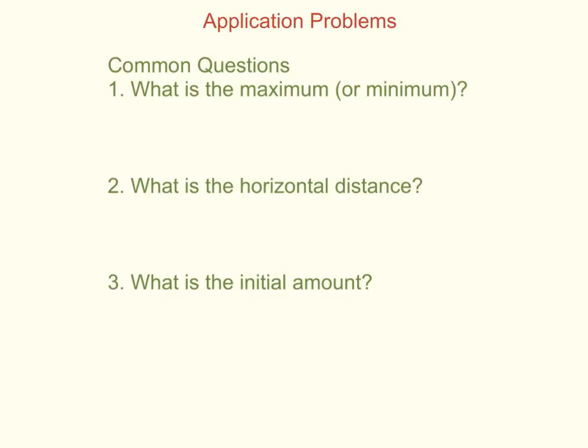Whenever you hear the words maximum or minimum, you need to think, find the vertex. The vertex of a parabola is always going to be the maximum or minimum value. So whenever you hear maximum or minimum in a story problem, the number one thing you have to do is find that vertex. That's almost always what they're looking for.